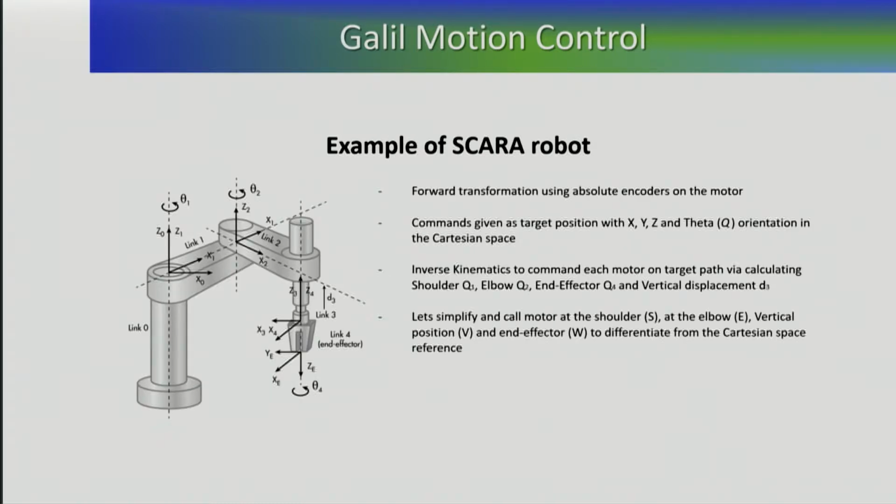An example of a SCARA robot is something that we will talk more about. Here you have, again, as indicated, shoulder and elbow, z-axis, and the end effector rotational for alignment.